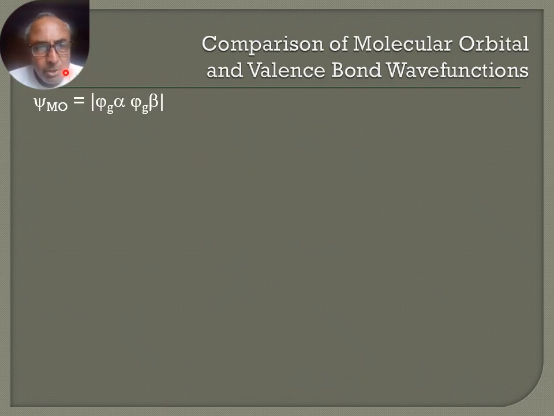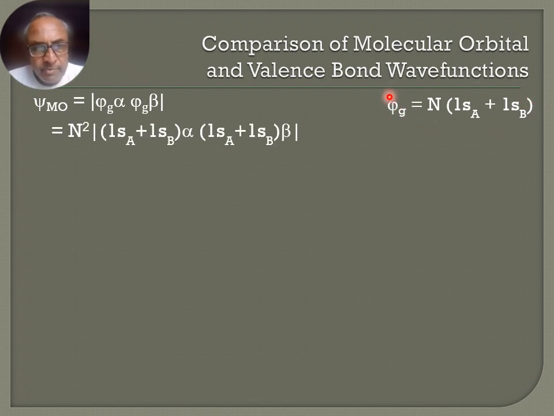Thus, the molecular orbital wave function for the two electron system formed by putting both electrons into the bonding or gerade molecular orbital, and then expanding that molecular orbital using the linear combination of atomic orbitals procedure, gives us N squared times determinant (1sA + 1sB) alpha times (1sA + 1sB) beta.